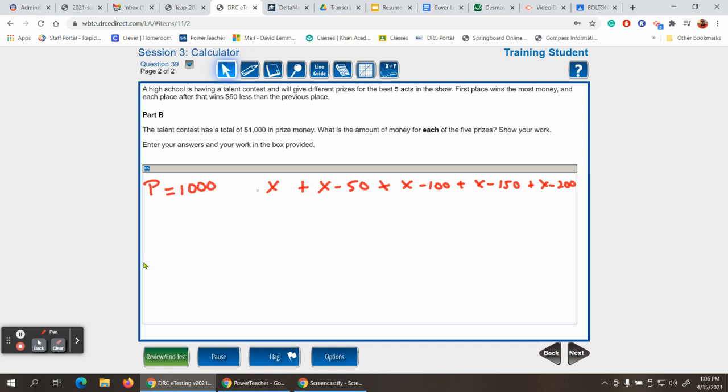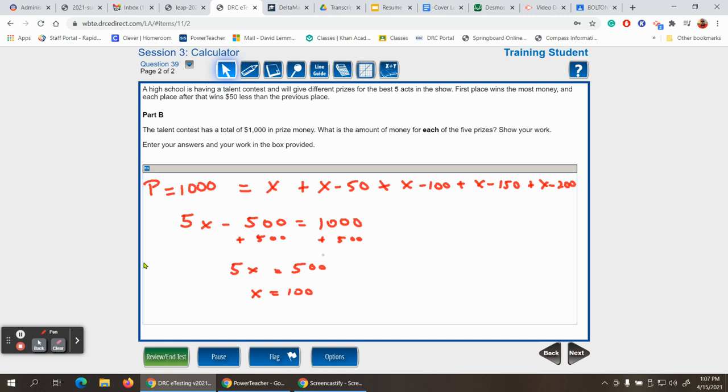And that's going to equal P, which is $1,000. So if I simplify that, I get 5X minus 500 equals 1,000. So add my 500. That is 5X equals 1,500. Divide by 5.